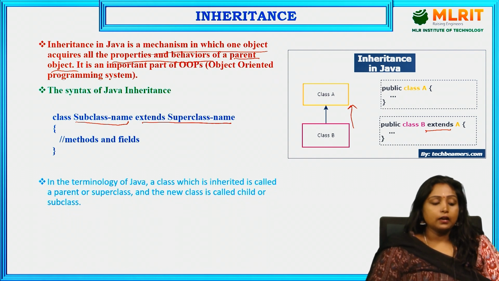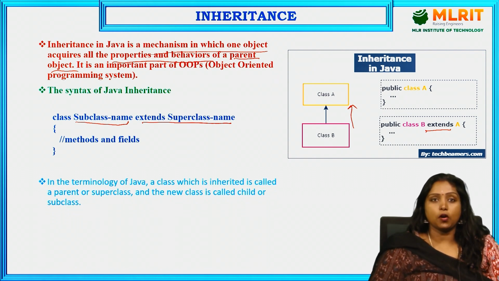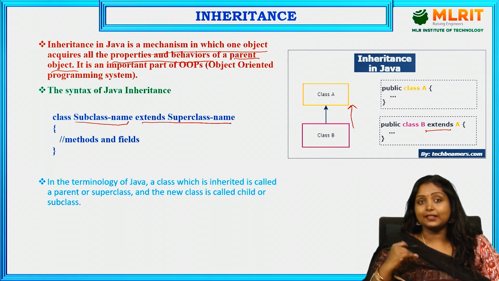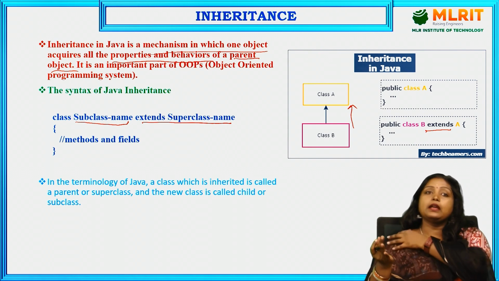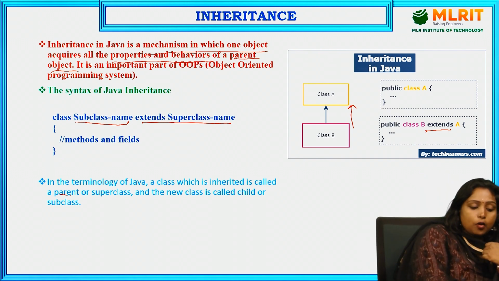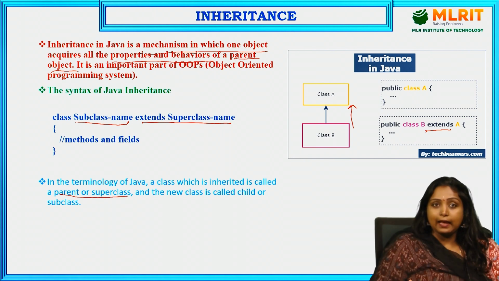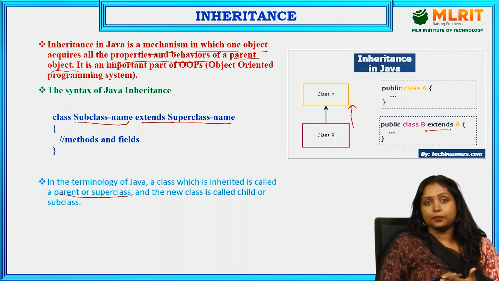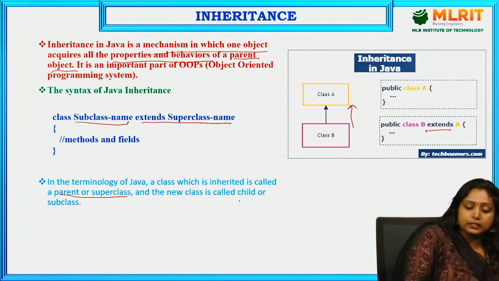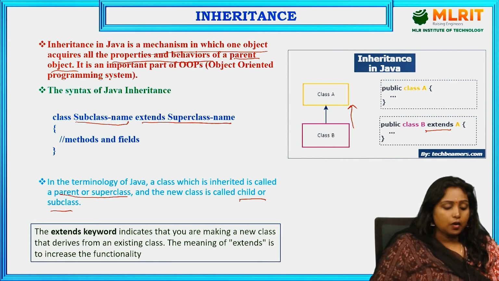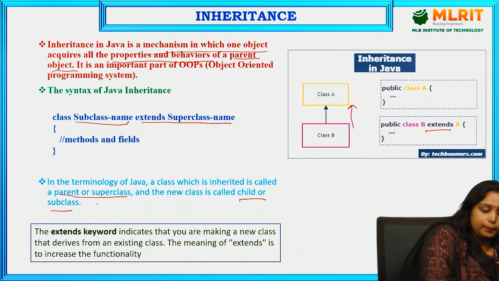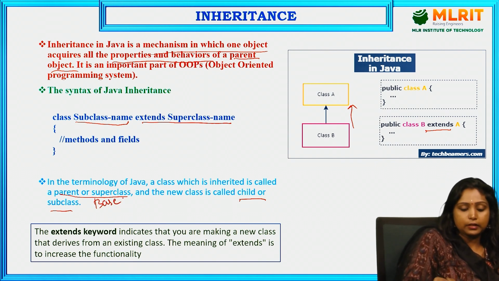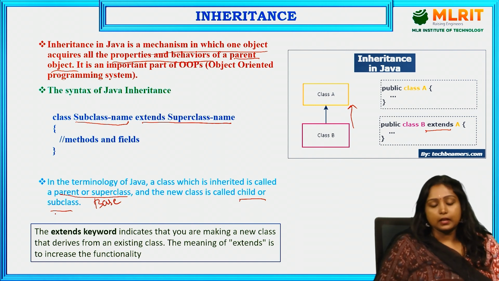Here we have the terminology: the class which is inherited is called the parent class or superclass, or you can call it the base class, and the class which is inheriting is called the child class or subclass.